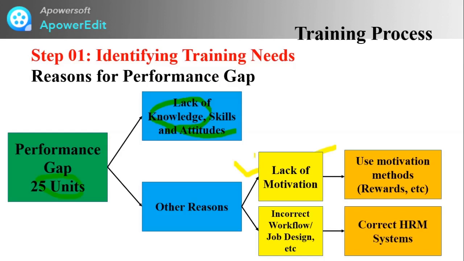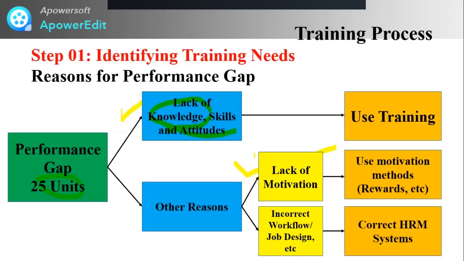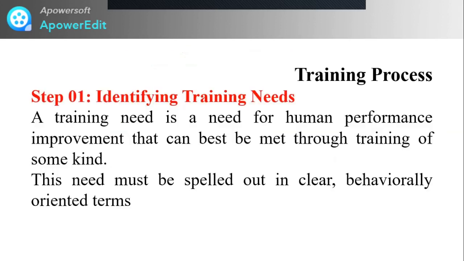Then we have to redesign, re-engineer the HRM activities. Then the main thing, lack of knowledge, skills, and attitude. What is the way we can reduce the lack of knowledge? The main way is training.